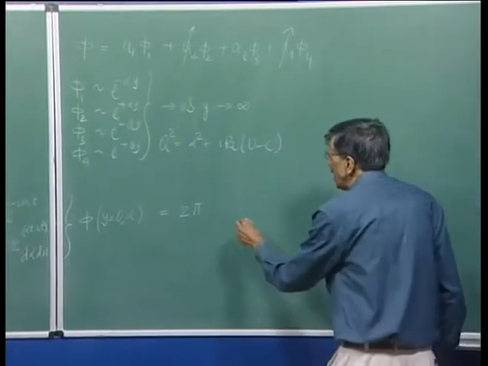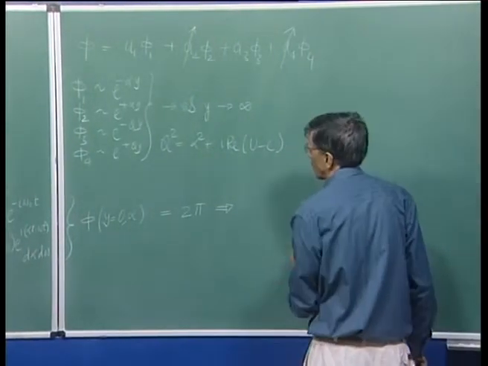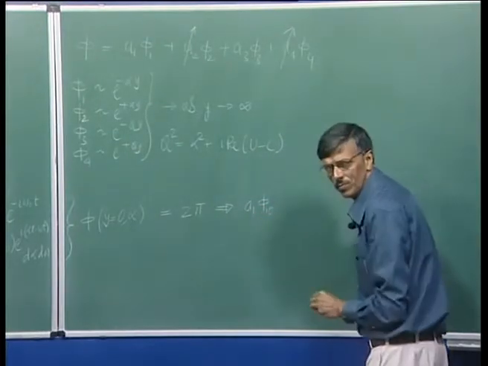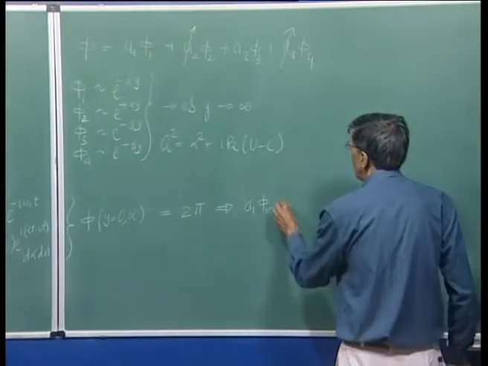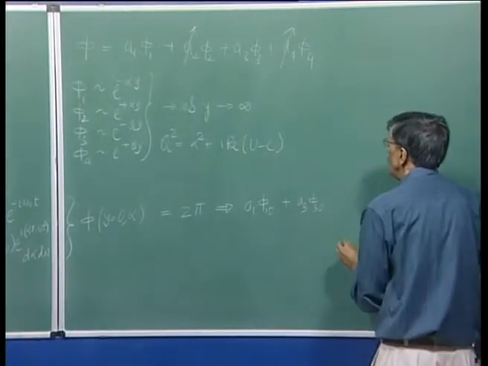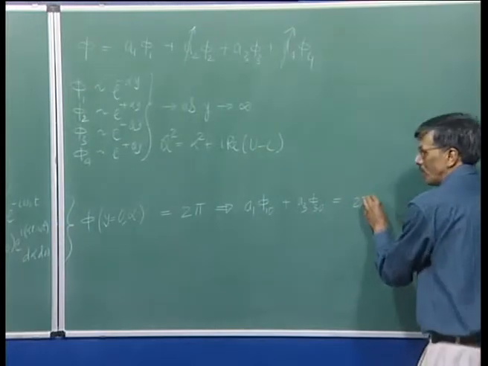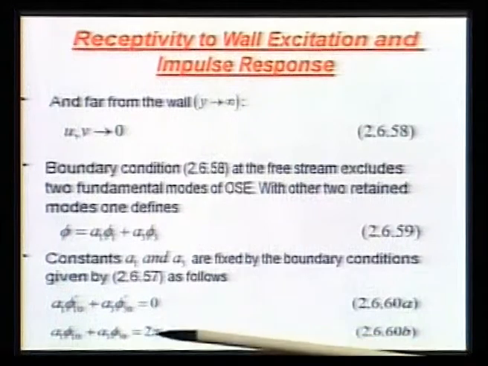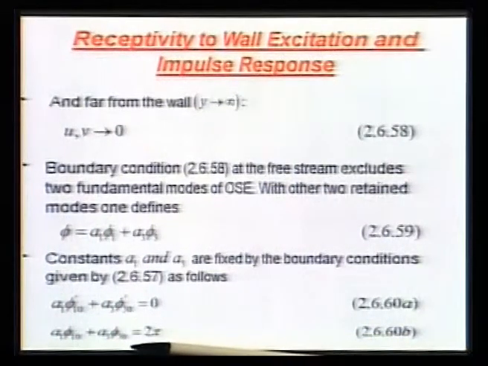So, this would give you a1 phi 1 at 0, plus a3 phi 3 at 0 should be equal to 2 pi. That is what we have written here, this equation. The last equation is that.